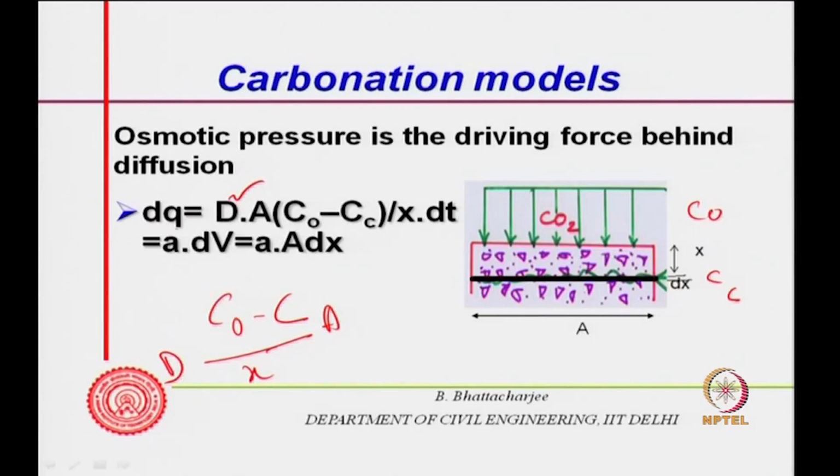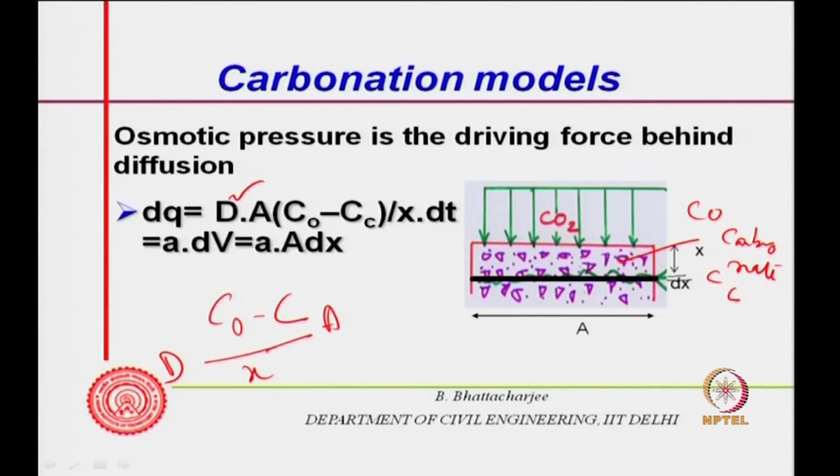So, dq is the quantity of carbon dioxide coming to this dx element. This is already carbonated, like we showed in the last diagram, already carbonated up to depth x, and now the carbonation is occurring over this dx element.